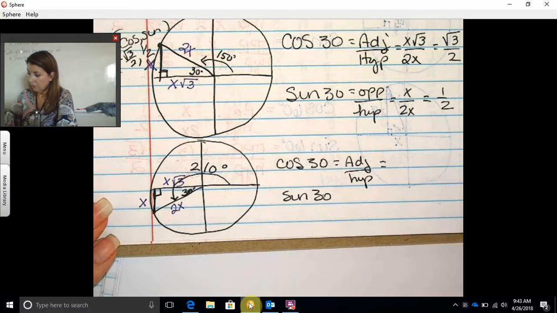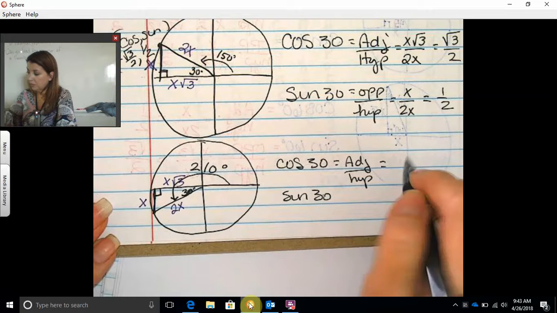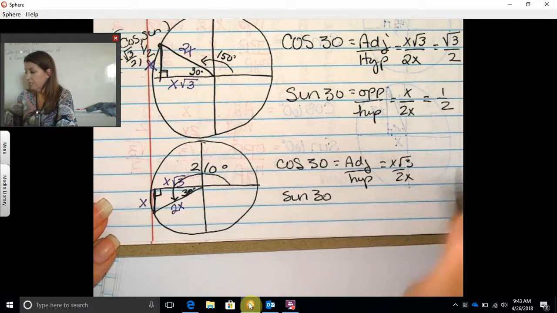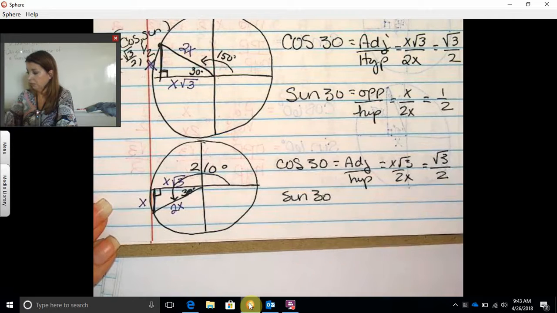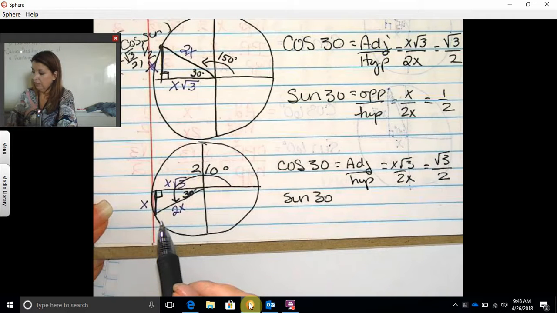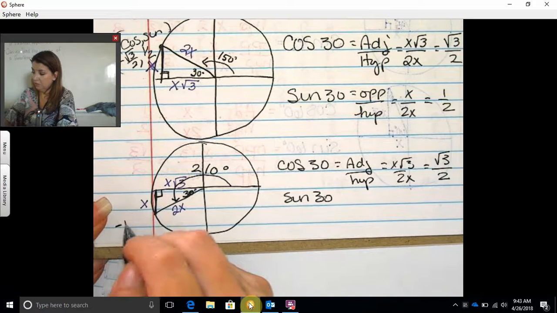So adjacent would be what? X square root of 3 over the hypotenuse, which is 2x. So that reduces to the square root of 3 over 2. X values in this quadrant, are they positive or negative? Negative, so that's negative square root of 3 over 2.